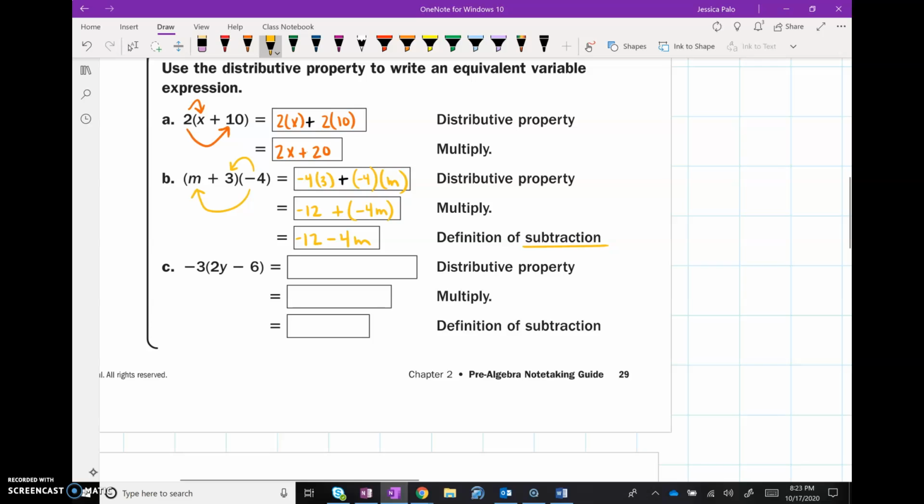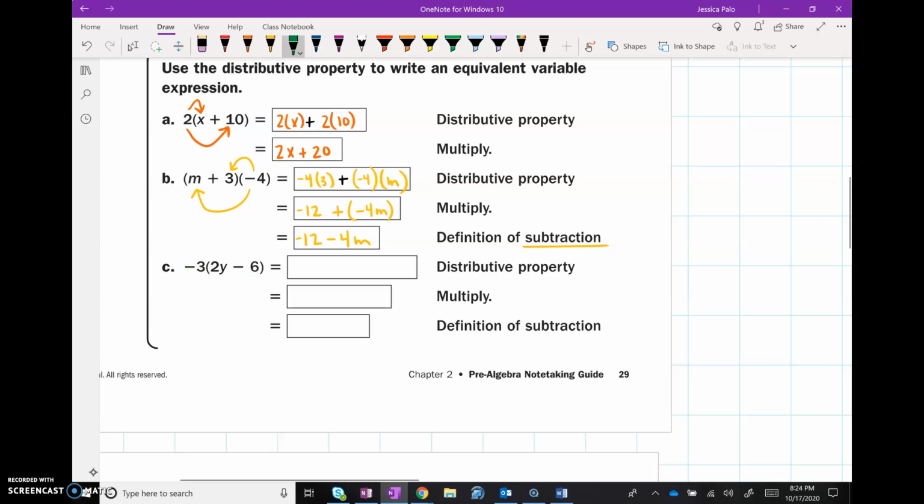And our last example for this section is example C. This time we are distributing a negative number to the values inside the parentheses. So we have negative 3 times the quantity 2y plus 6. Our variable inside the parentheses also has a coefficient this time.